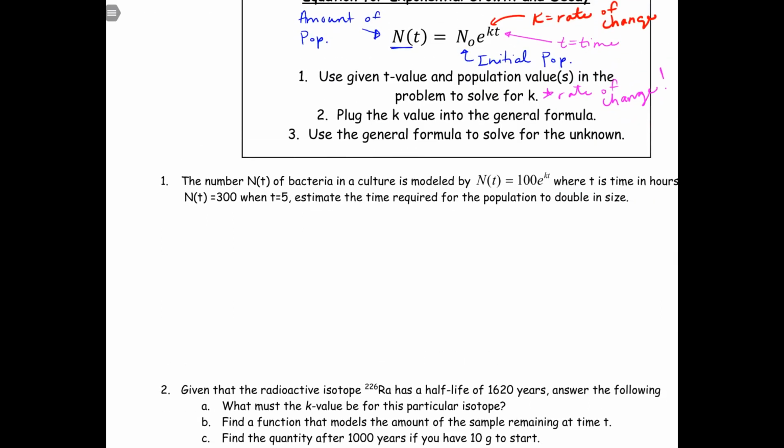Number one says the number N of T of bacteria in a culture is modeled by N of T equals 100 times E raised to the K times T, where T is time in hours. If N of T is equal to 300 when T equals 5, estimate the time required for the population to double in size.